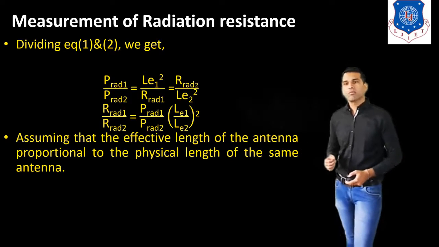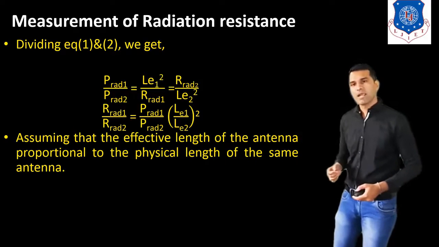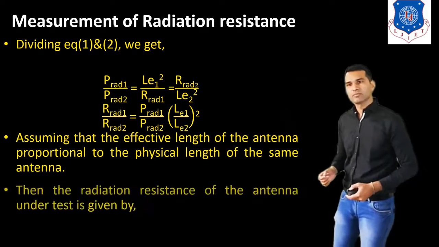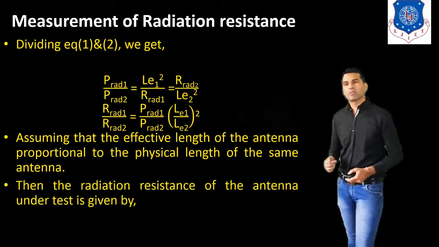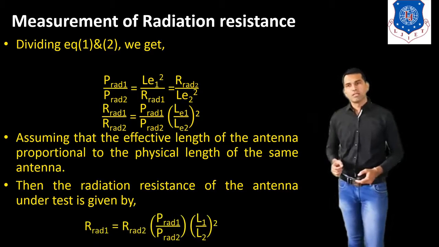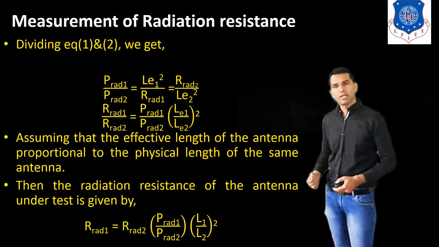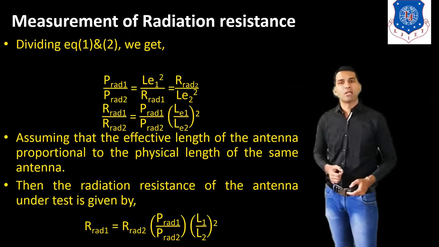Assuming that the effective length of the antenna is proportional to the physical length of the same antenna, the radiation resistance of the antenna under test is given by R radiate 1 equals R radiate 2 times P radiate 1 upon P radiate 2 times (L1 by L2) squared.